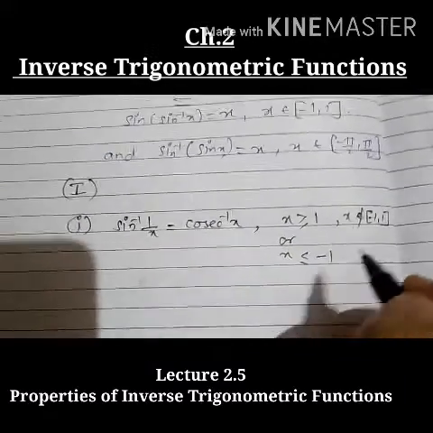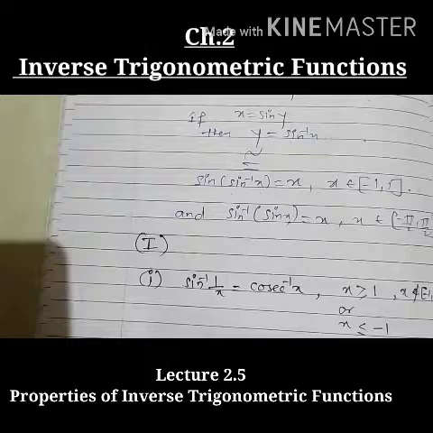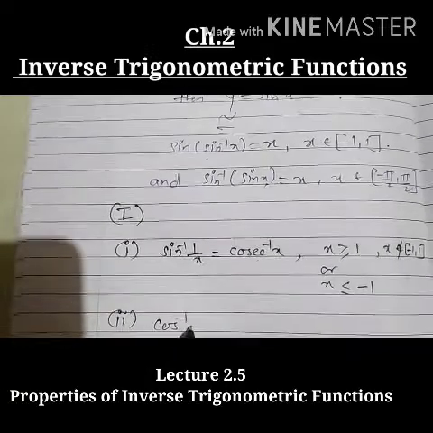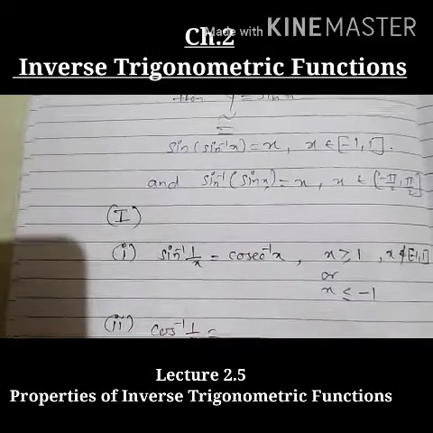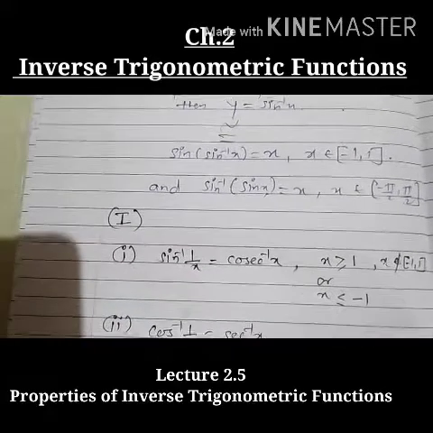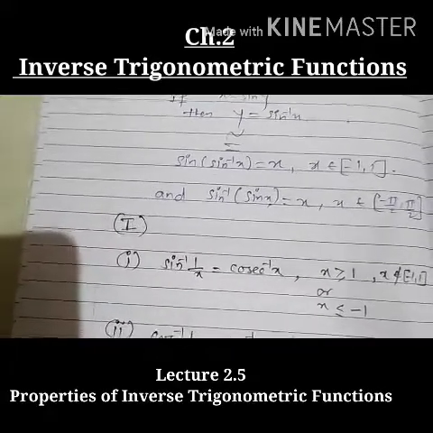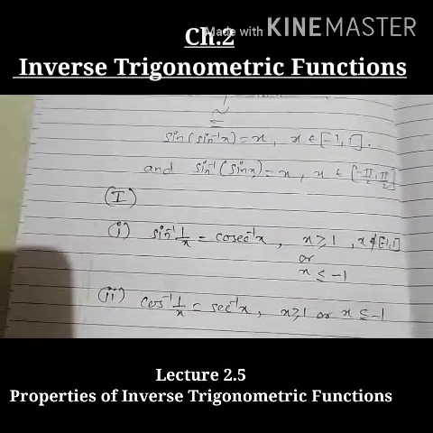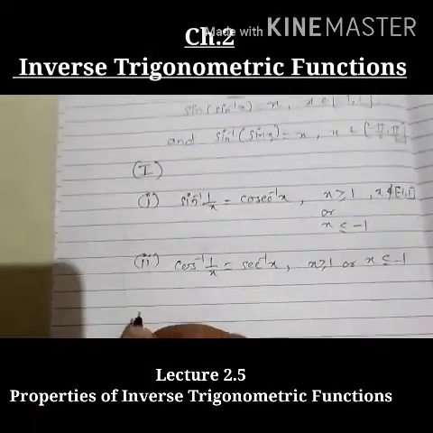Understood? Okay. Now the second one, cos inverse of 1 upon x is equal to sec inverse of x, with the same condition, x greater than or equal to 1 or x less than or equal to -1. Understood?